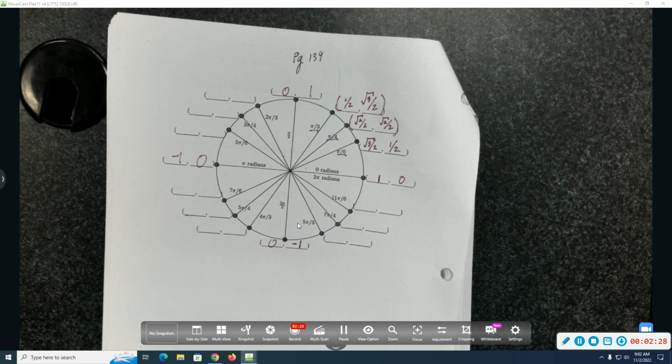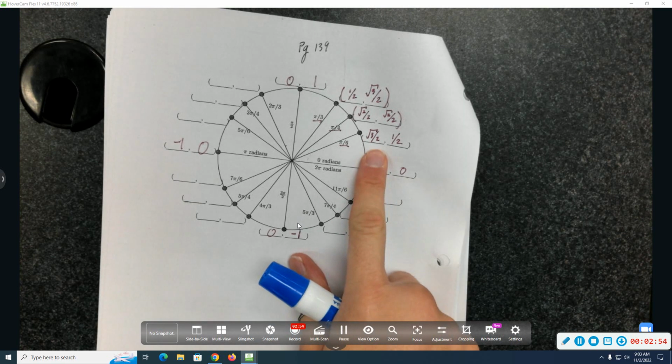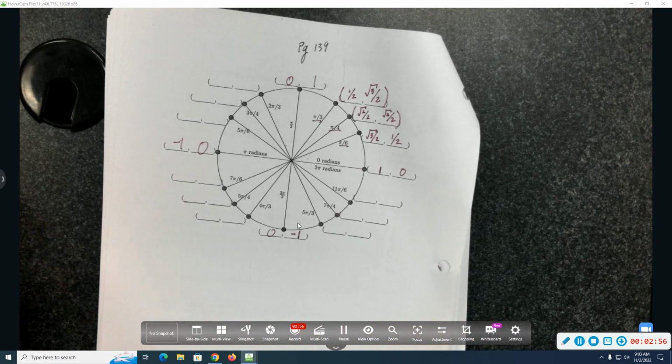So let's do this. So here's an angle of 11 pi over 6, also known as 2 pi minus pi over 6. What should the resulting cosine be? Should be the same as for cosine of pi over 6, which, well, I guess is right here. It's root 3 over 2.